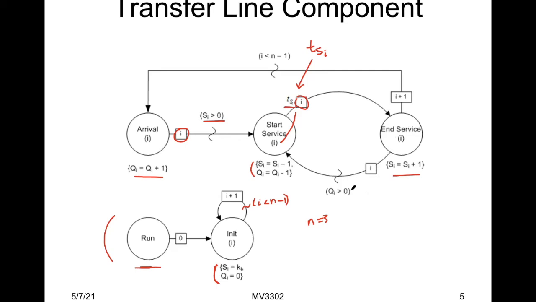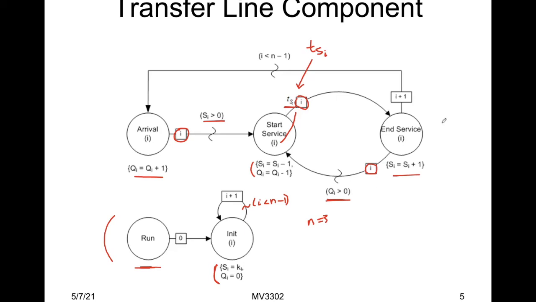If there's still somebody in the queue at station I, then it will schedule another start service, again passing I. So it schedules a start service at station I, no other station.